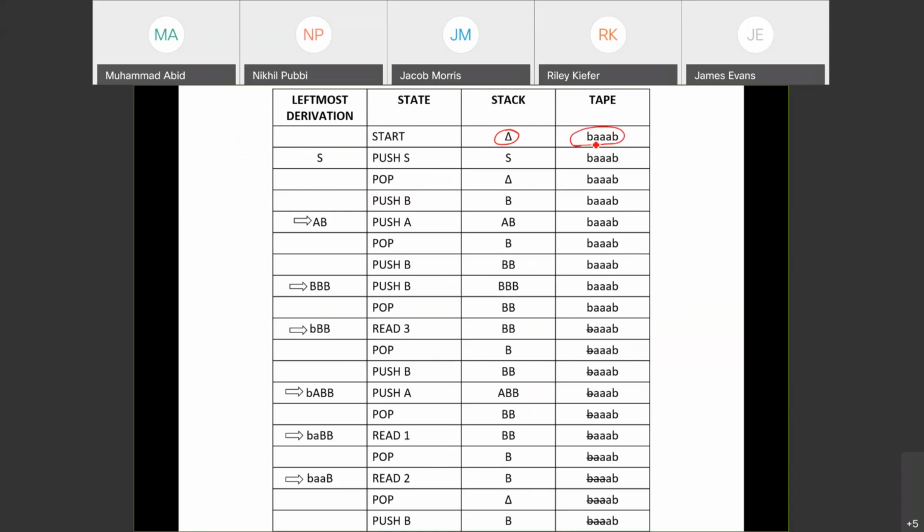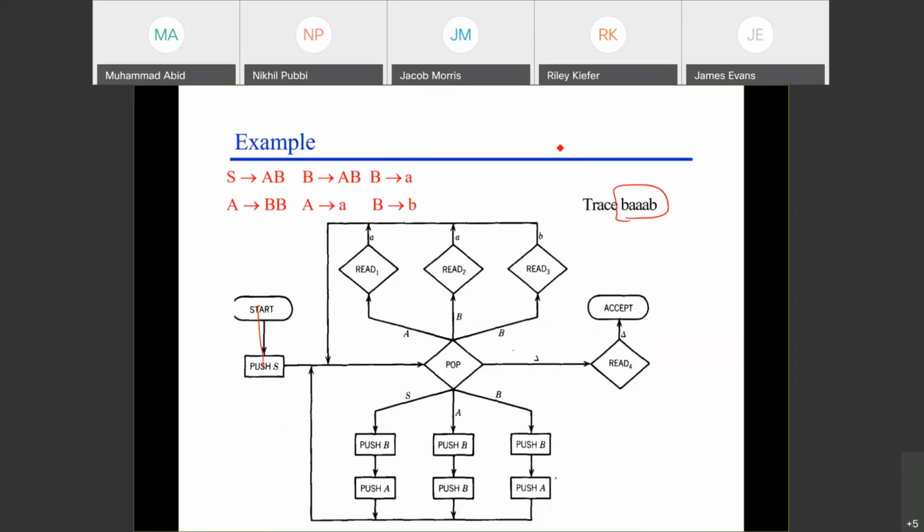Okay. So we said leftmost derivation, we push S into the stack, and the stack has S there, and there is no change in the input tape. Once we push S in the stack, we are here and we perform the pop operation. When you pop, what will you get?